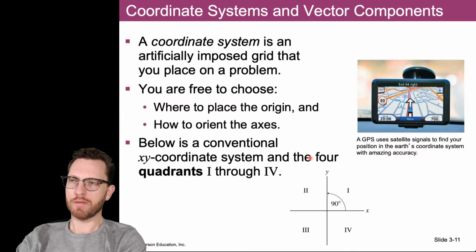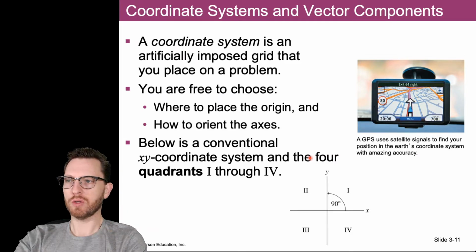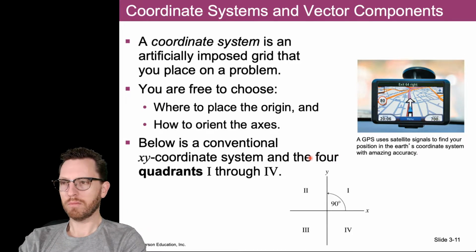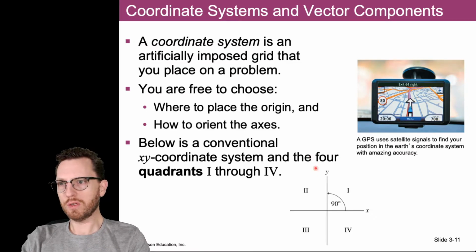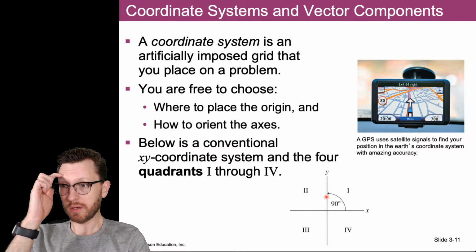Since this is an artificial imposition we're making on the problem, you're free to choose where you will place the origin of your coordinate system and also how to orient its axes. Notice that for a two-dimensional coordinate system that we'll frequently use in this course, the two axes are oriented 90 degrees with respect to one another.